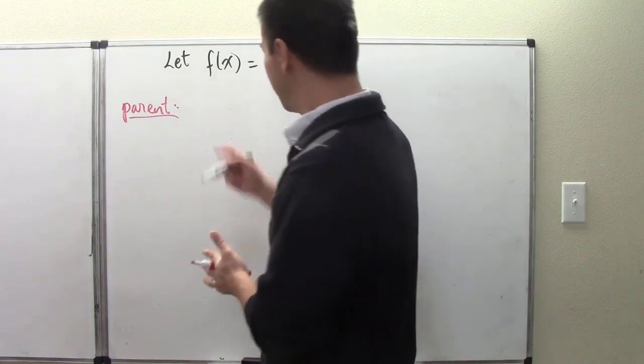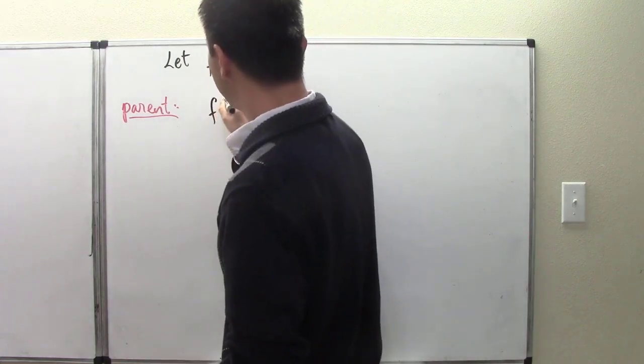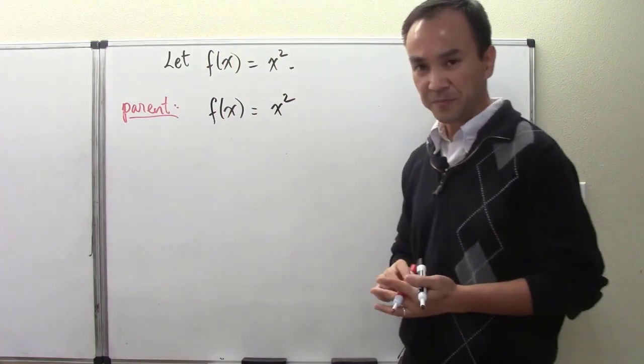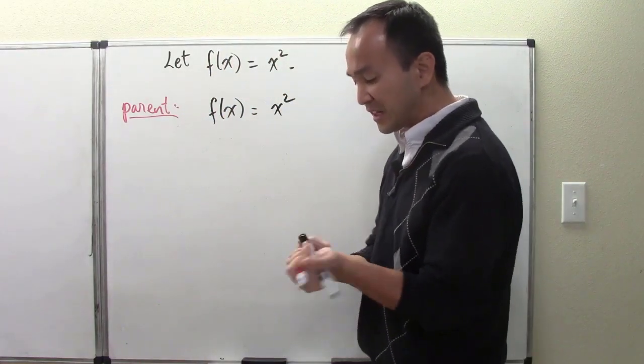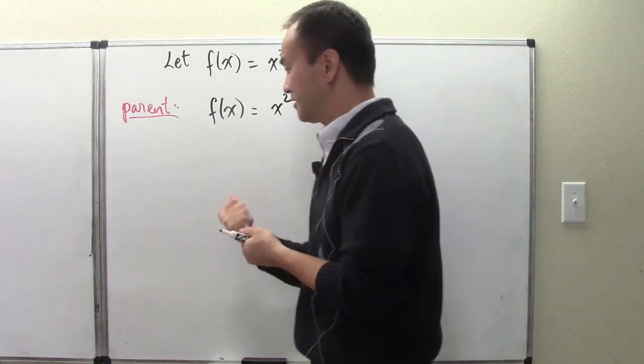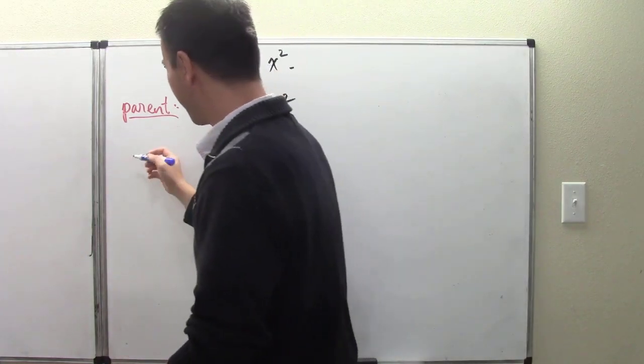So my intention here is to call this function f of x the parent function. And now I am going to define a descendant function as follows.